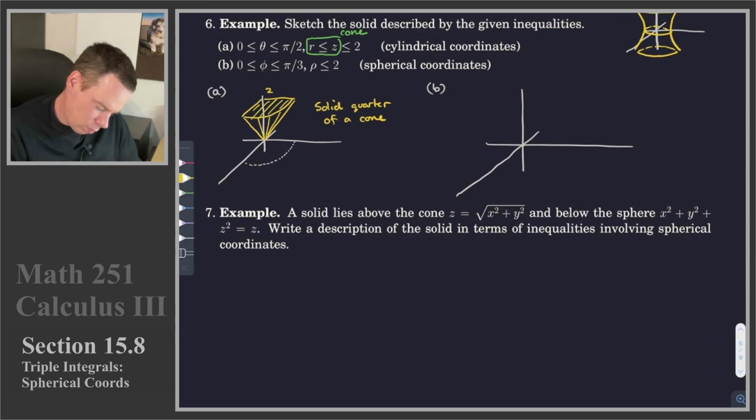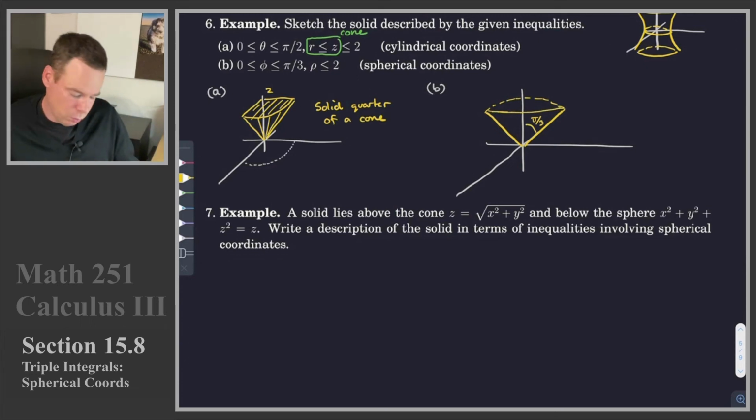Phi is allowed to drop down to pi by 3. So maybe I'll draw one of them in here, pi by 3. And so that alone, phi equal to pi by 3, that's a cone. It's everything inside of this cone.